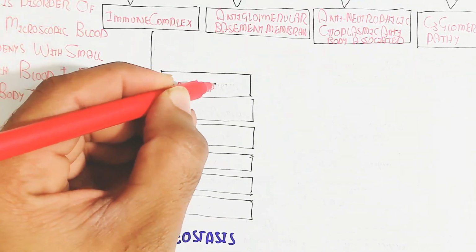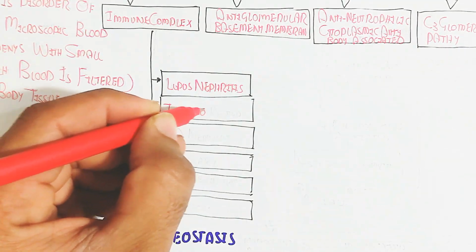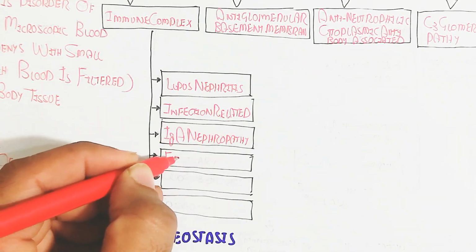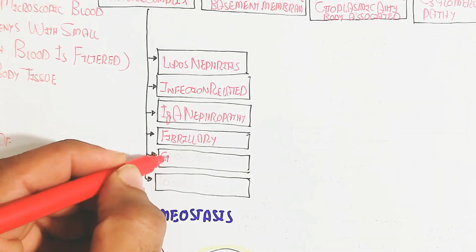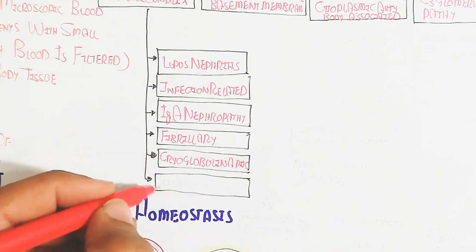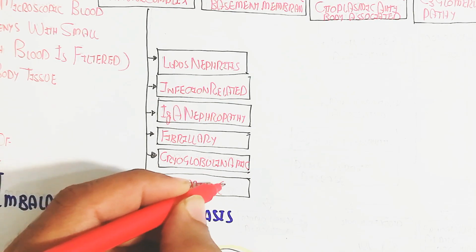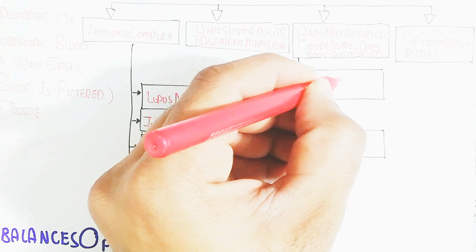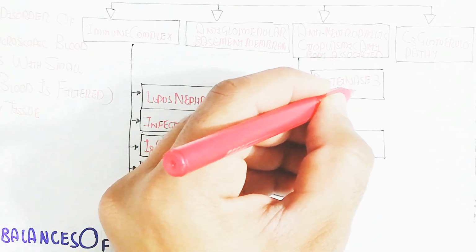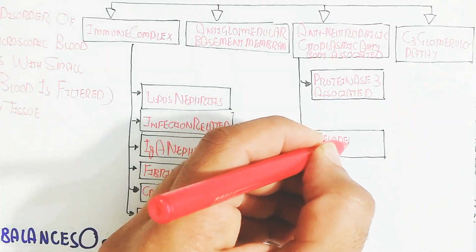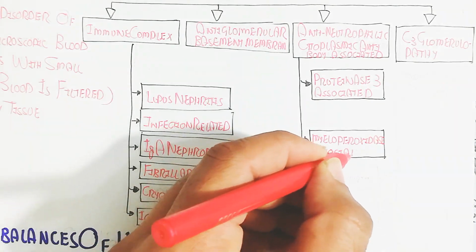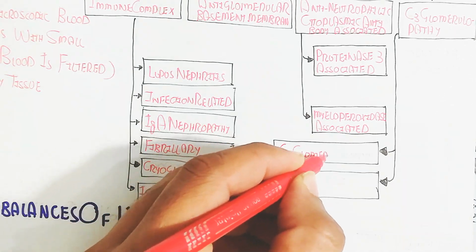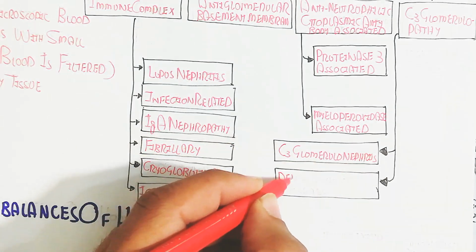Immune complex glomerulonephritis is due to lupus nephritis, infection-related IgA nephropathy, fibrillary glomerulonephritis, cryoglobulinemic and idiopathic, which are rare. The anti-neutrophilic cytoplasmic antibody associated type leads to proteinase 3 associated and myeloperoxidase associated disease.